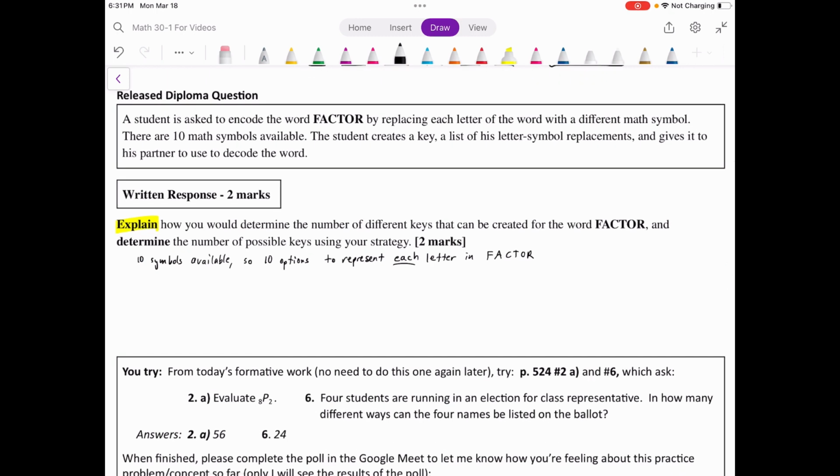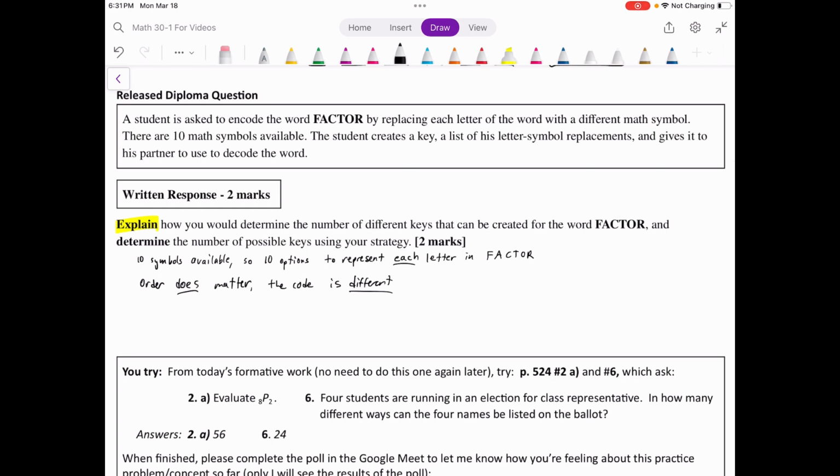So if you decide on permutations, if you decide order matters, explain that, right? It just takes a quick sentence, a quick bullet point. Order does matter, right? The code is different if the same symbols are arranged in a different order, right?